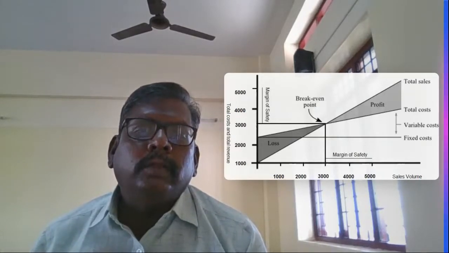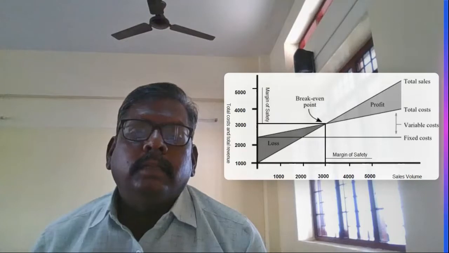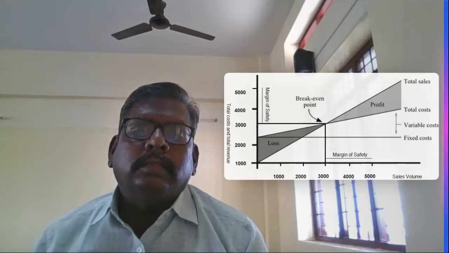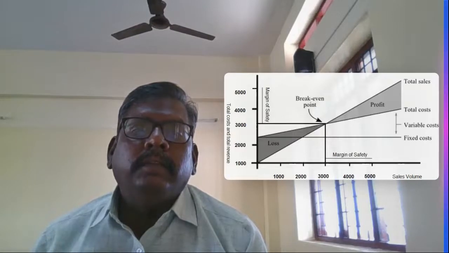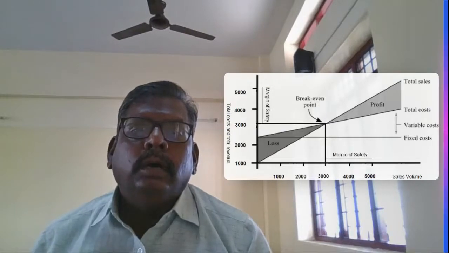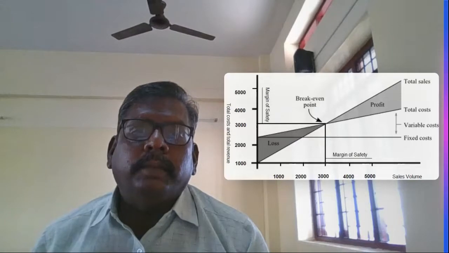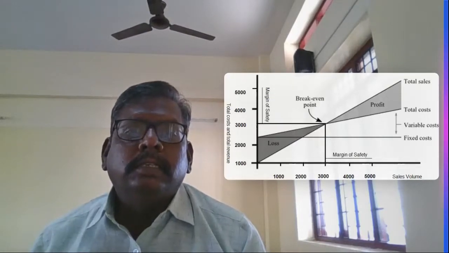Similarly for 4000 and 5000, we have to draw the line. Then what is the total cost? Fixed cost plus the variable cost. We have to add them and draw the line from the zero point. It's a linear equation, a straight line.